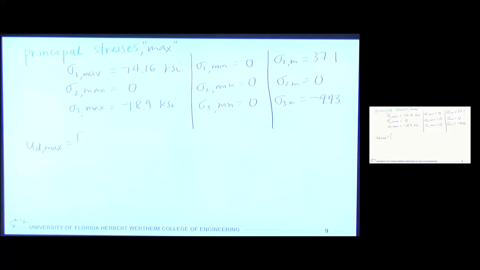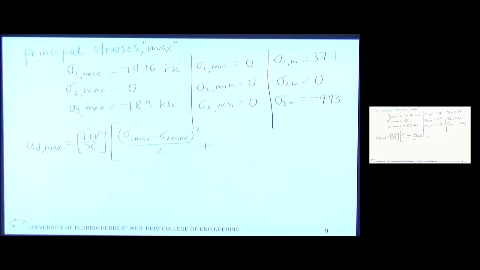So it has a prefactor 1 plus nu divided by 3 times the modulus. And then we do the difference. We do sigma 1 max minus sigma 2 max, square it, divide by 2. And then we'll add to that the quantity of the difference of the other combinations of principal stresses.